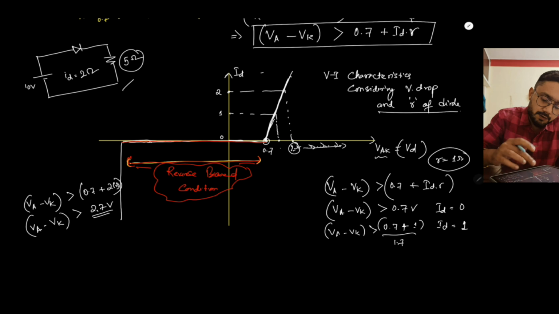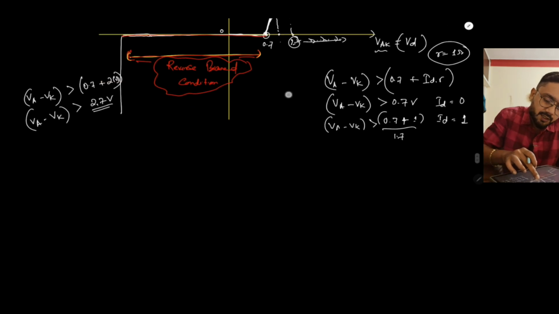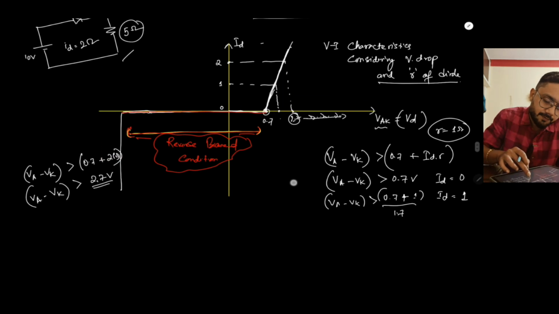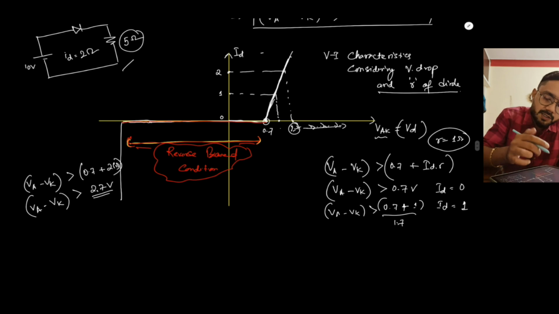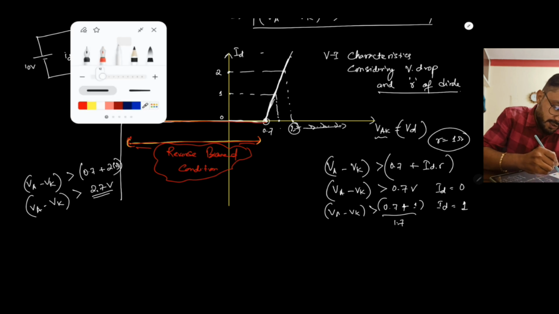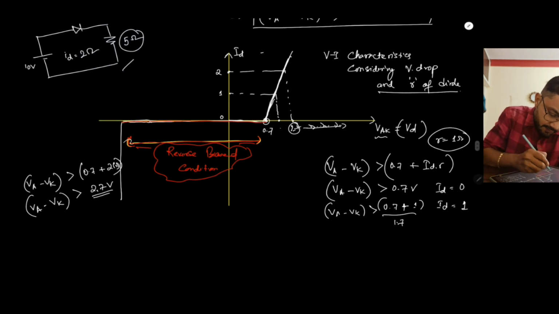Okay, so if I want to consider the reverse saturation current, how will the VI characteristics change? So by considering the reverse saturation current, the characteristic will now look like this.